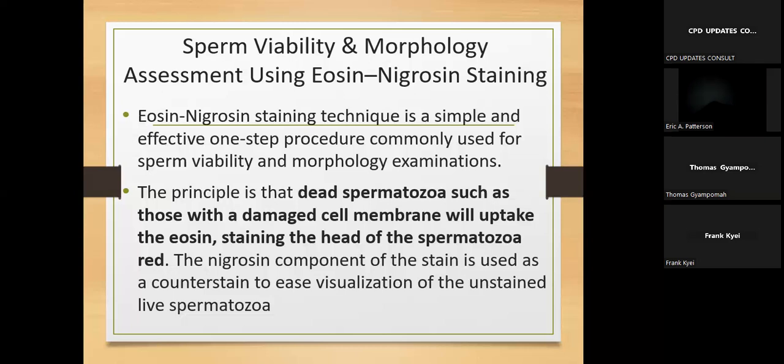All right, so I'll tell you something. Nigrosin staining is actually an acidic stain. Remember, we said that in bacteriology, most of our stains are what? Basic stains. Not too strong basic stains, but weak basic stains.